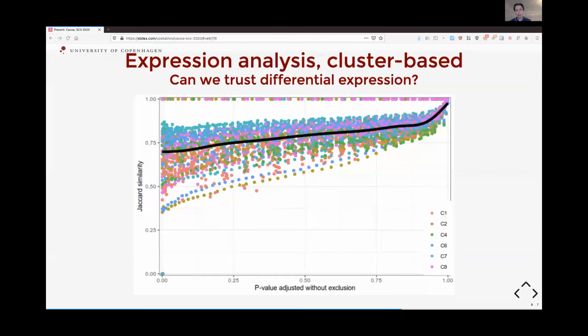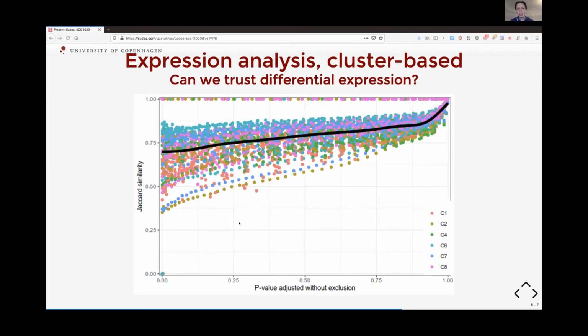But if we exclude 1 sample, we take all genes which pass some p-value threshold, and on the x-axis you see this threshold, and then you estimate Jaccard similarity between 2 sets of genes before the exclusion and after the exclusion.